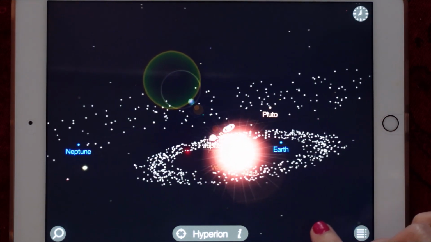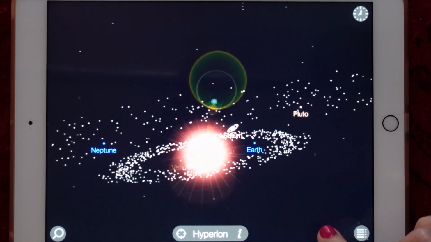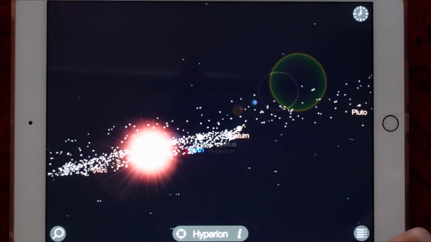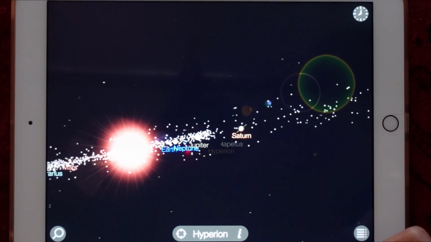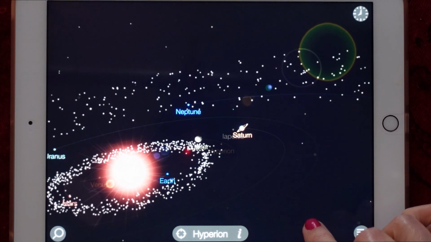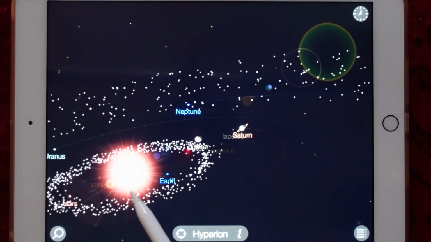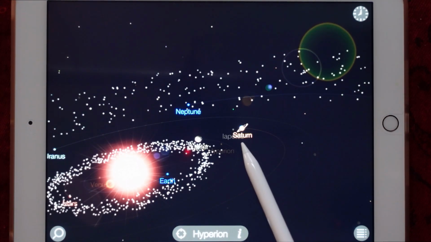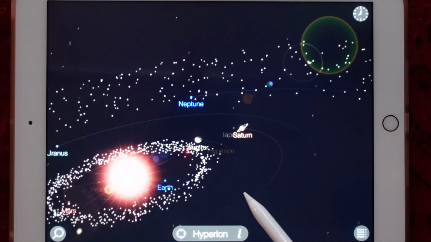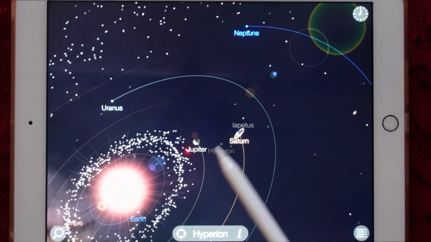I'm just gonna set the solar system spinning slightly. So let's have a look. We can see the Sun in the centre. Here is the Earth. Here is Saturn, Neptune, Uranus, Jupiter.